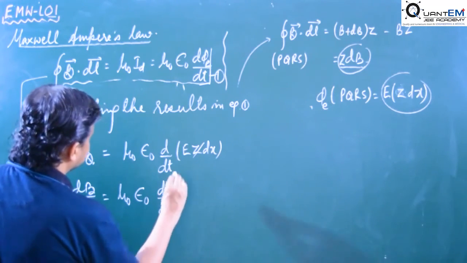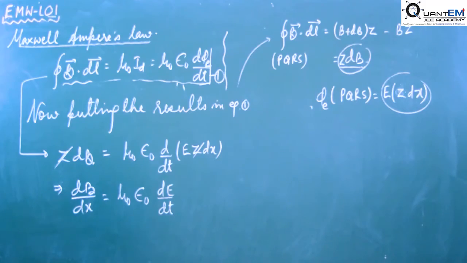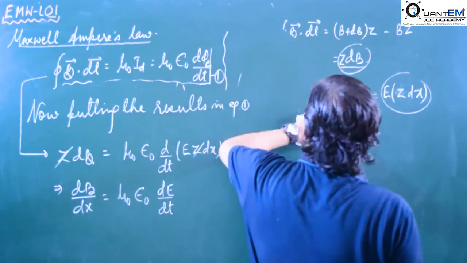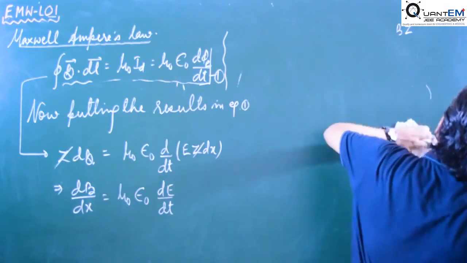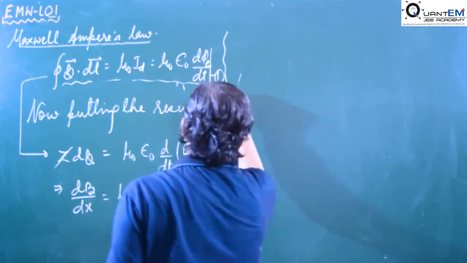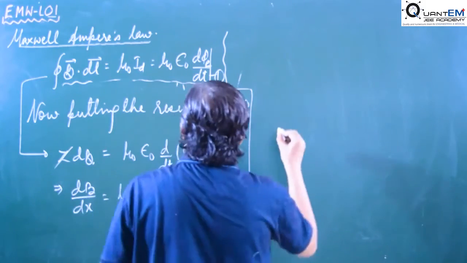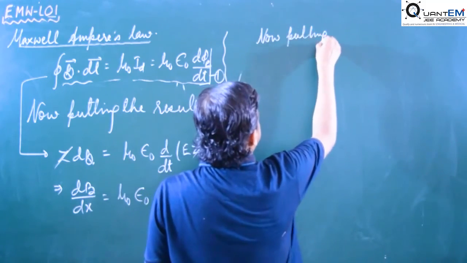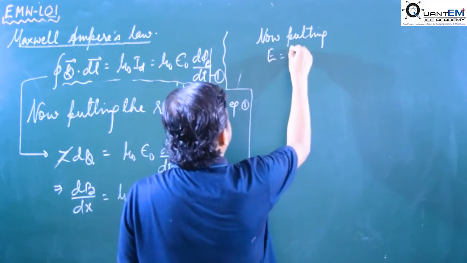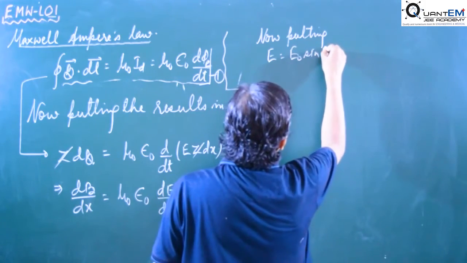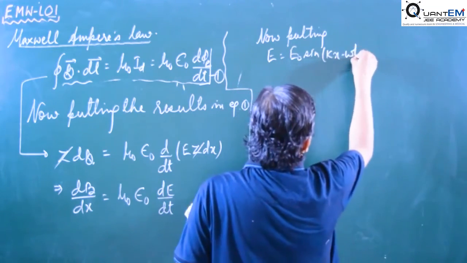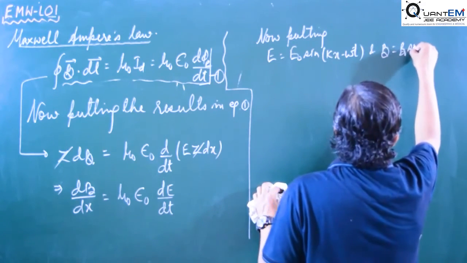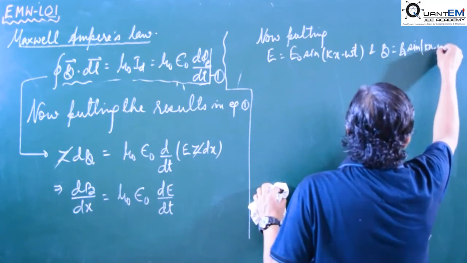dE by dt. Now putting the values of E and B, E is equal to E naught sine of kx minus omega t and B is equal to B naught sine of kx minus omega t.